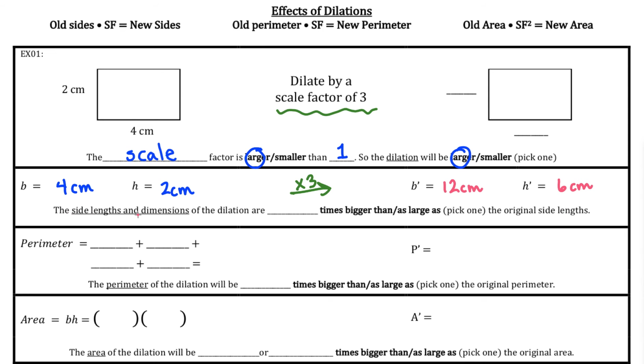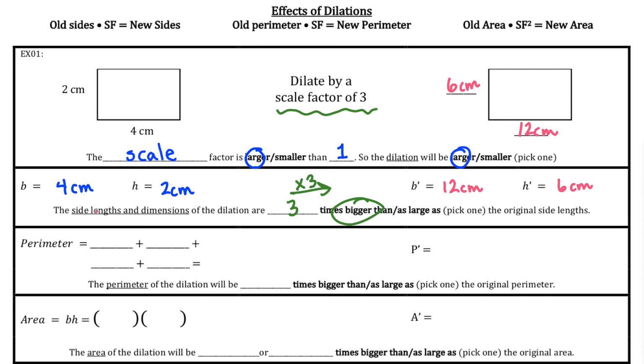So the dimensions of the dilation are 3 times bigger than the original ones. Instead of 4, this will be 12 centimeters, and instead of the height being 2 centimeters, it's 3 times larger, so 6 centimeters.